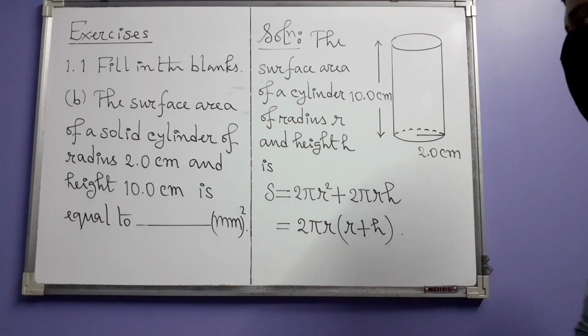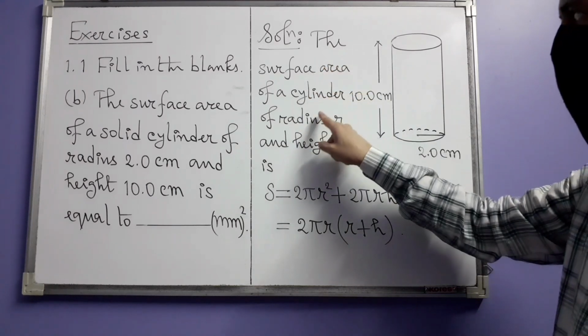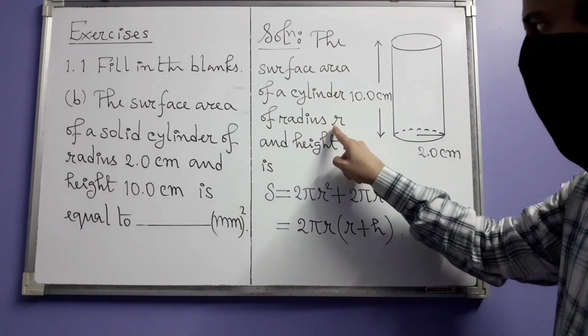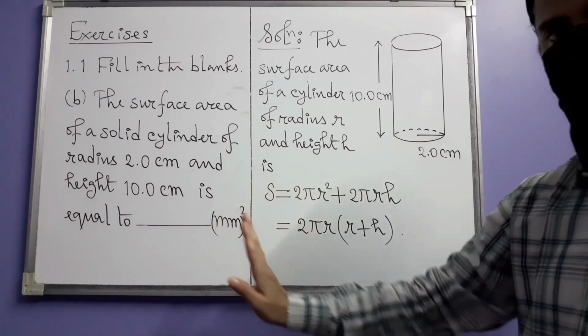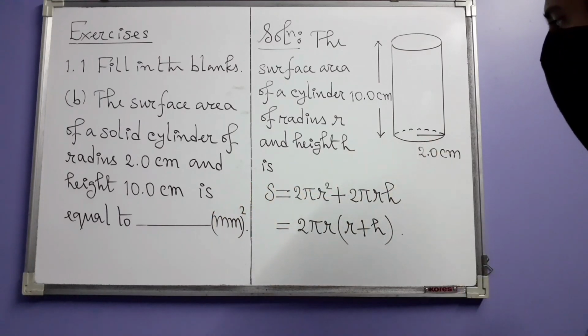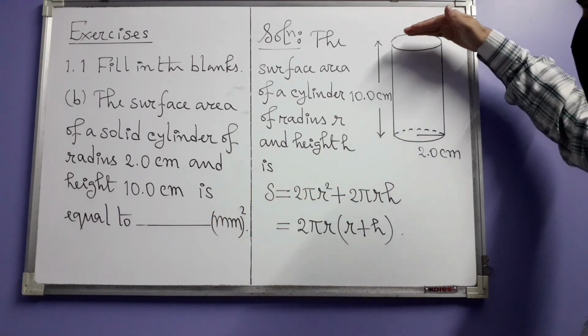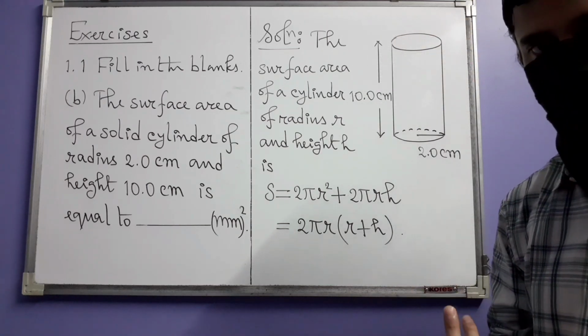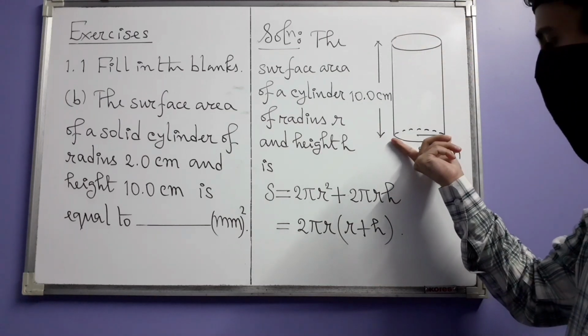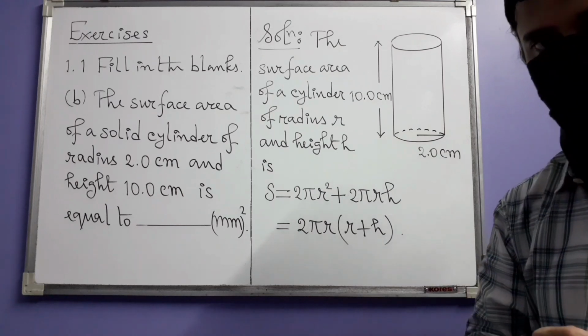So what will that be? If the cylinder has radius r and height h, in this case radius and height are given, but in general I am saying, then what is the area of this circle? Pi r square, because it's a circle. This circle also has the same area, pi r square.